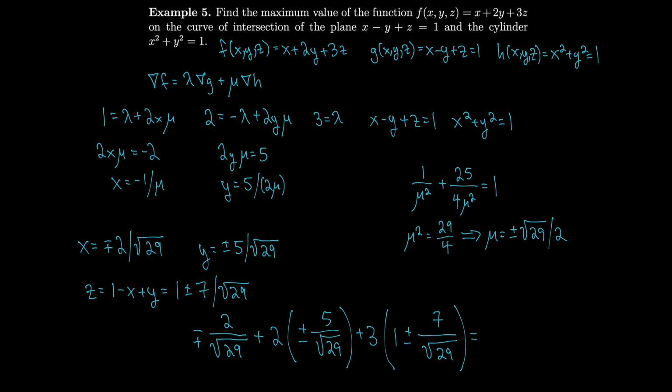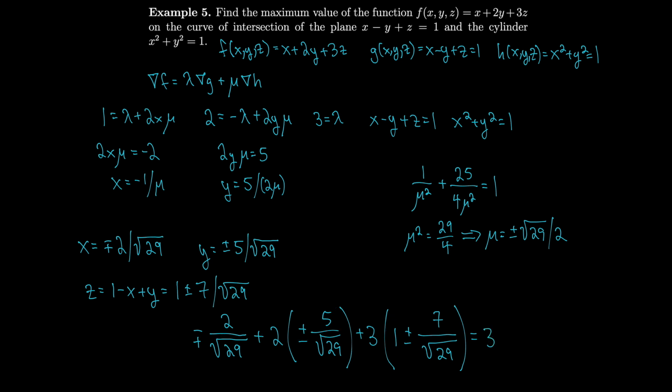And it looks like I've got, how about we start with the minus, so minus 2, and then this will be plus 10, and I can distribute the 3, so if I just pull the 3 out, because it's not going to depend on the plus or minus, and the 3 times the plus 7 will be 21, so I have minus 2 plus 10 plus 21, so that's 29, and that's positive 29.